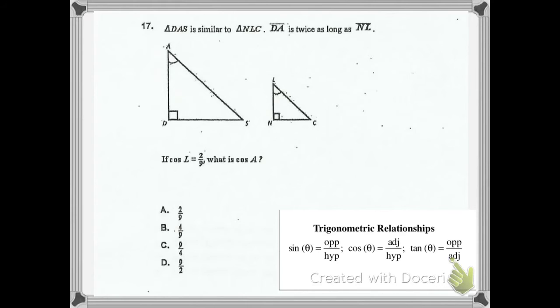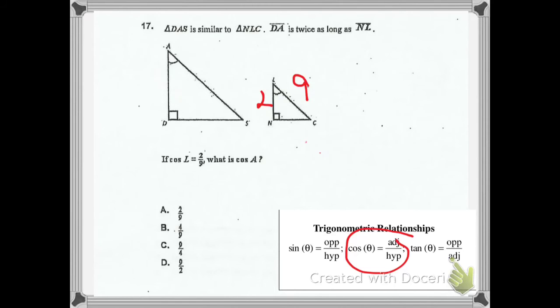17. Triangle DAS is similar to triangle NLC. DA is twice as long as NL. If the cosine of L is equal to 2 over 9, and cosine's adjacent over hypotenuse, so adjacent to L would be 2, and hypotenuse would be 9.